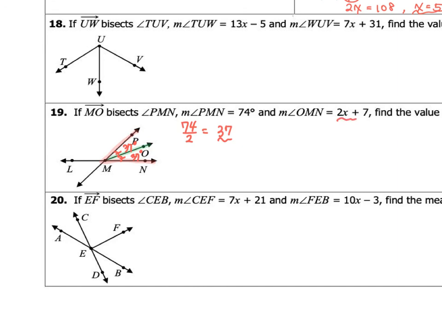So we can now set the equation. 2x plus 7 equals, that's right, 37. So now we can solve for x, subtract 7 on both sides. So that cancels out. 2x equals 30, divide by 2. x equals 15.